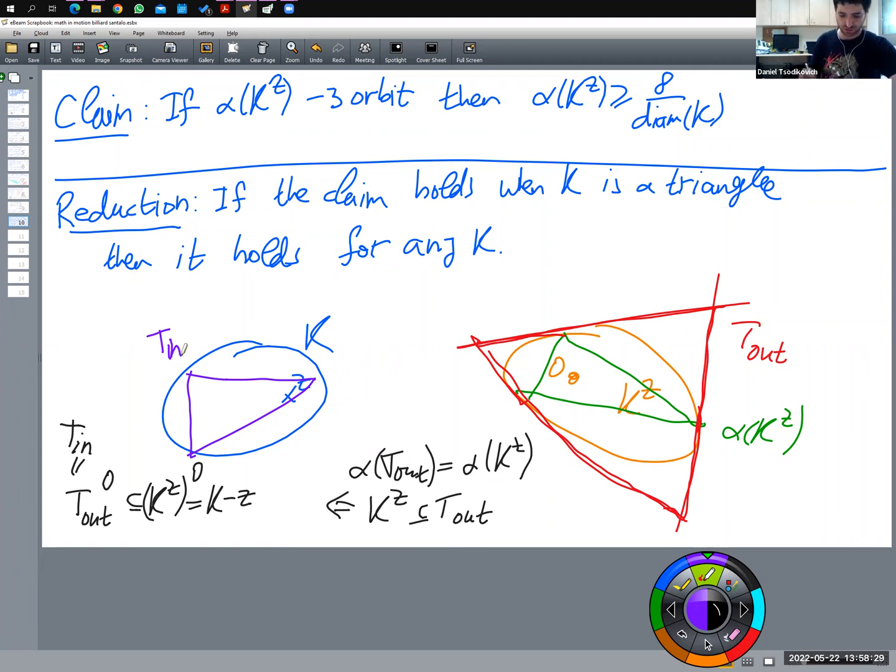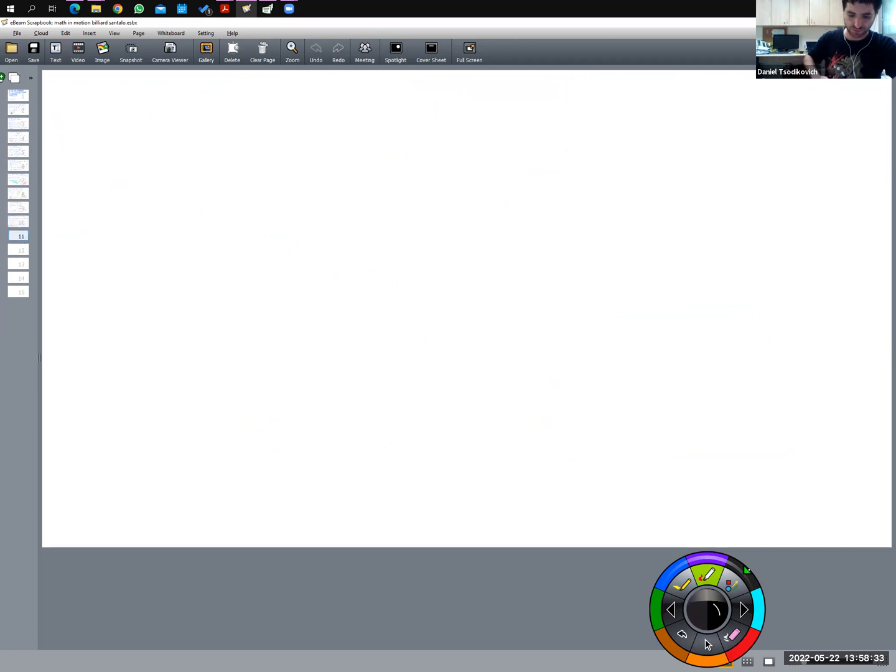Now I can look at this from another perspective. I can say that T out is the dual of T in, and the billiard orbit in T in is a free orbit.